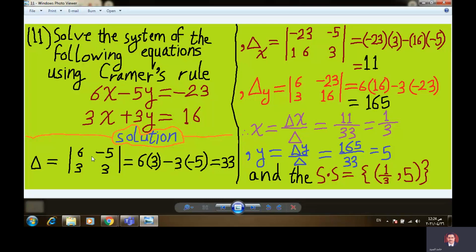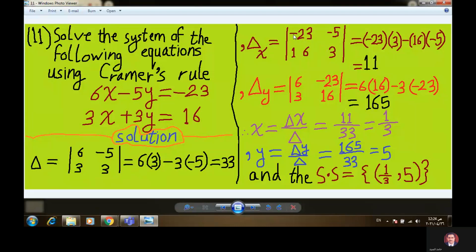The coefficients. Expand this determinant by using the rules. We have this equals 6 times 3 minus 3 times negative 5. All of this equals 33. Now delta x equals this determinant, negative 23, negative 5, 16, and 3. Why?